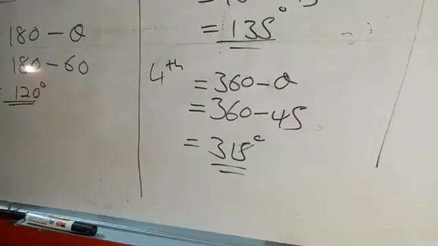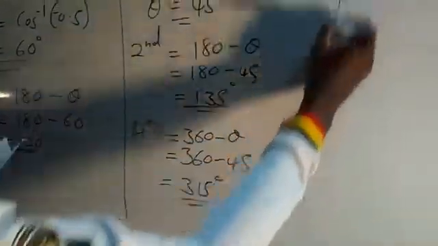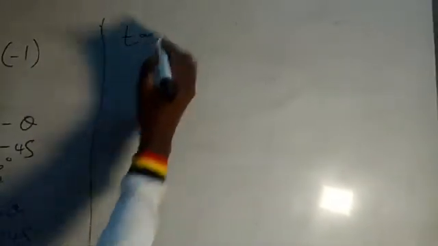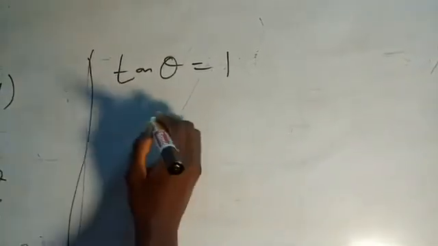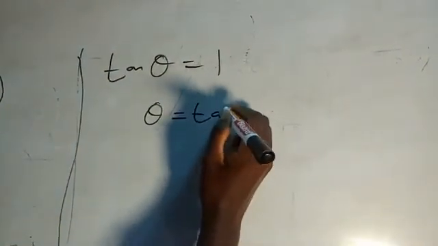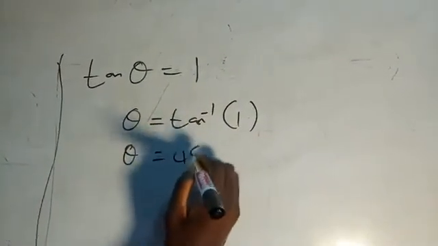So let's go on to number 3, tan theta equal to 1. We know that tan theta is only positive in the first and third quadrants. Let's find the value of theta, theta becoming tan inverse 1, theta becoming 45 degrees.